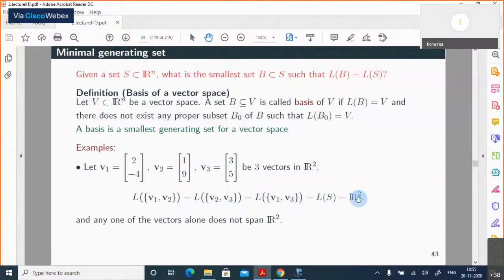Everything else in R2 is built as a linear combination of these, and you cannot delete any one of them. So that is not a bigger set; this is a minimal set. This is the least amount of information you need to get everything about R2. This is what is called a basis of the vector space.